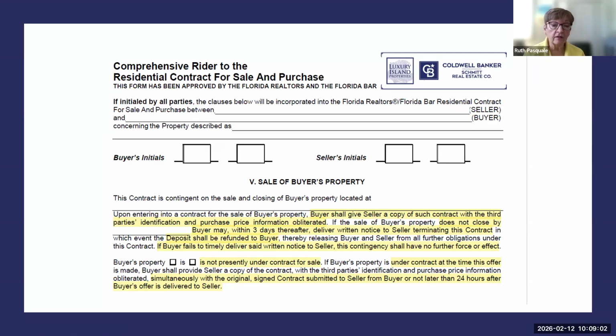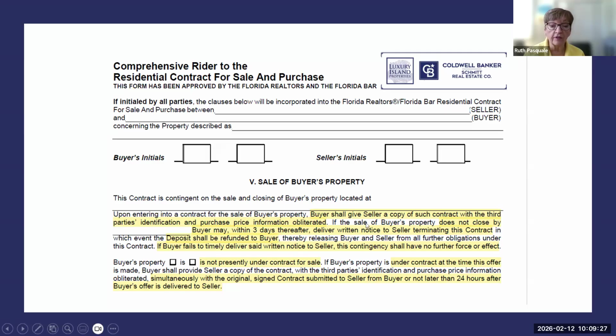But the question is, is the buyer's property under contract? Yes or no? If they say it is, then again, the copy of the contract needs to be provided to the seller. It has to be provided simultaneously with the offer that you're writing or within 24 hours.